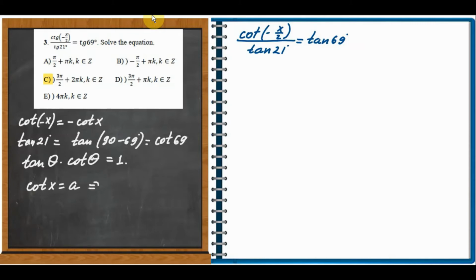Here, x equals the inverse cotangent, it's called arccotangent, of a, plus pi multiplied by k. Here, k is an integer.